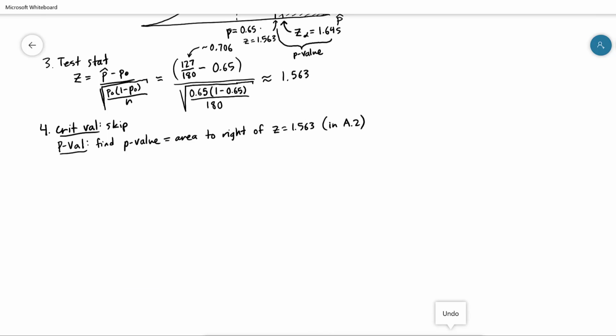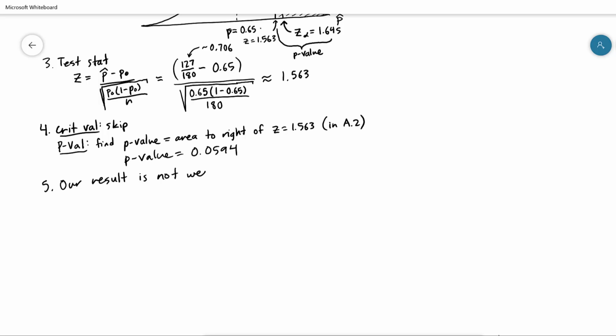0.0594. Can remember that. So the p-value is that area. It's equal to 0.0594. Okay. So step number 5. We decide if our result is weird. Our result is not weird.